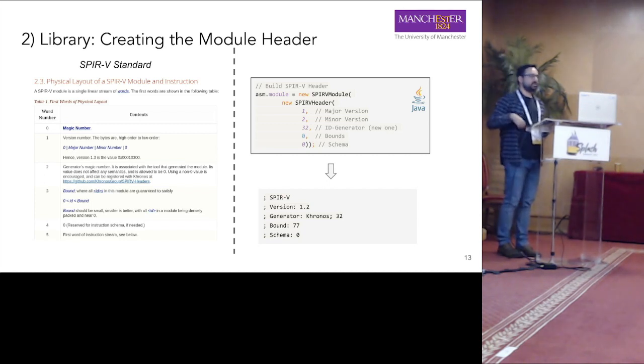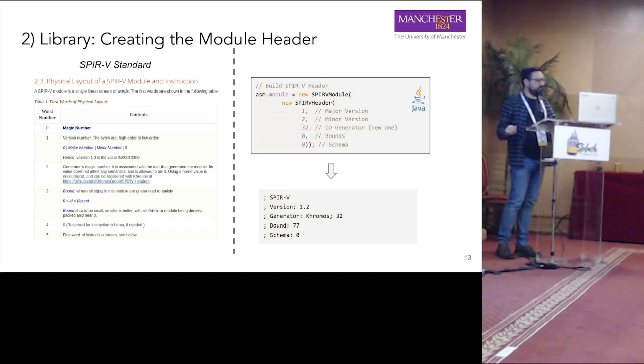So we say, in Java, because we do code generation from Java, okay, it's a Java library. We say SPIR-V module, build the header with the major minor version, the ID bound, and the magic number. And that's on, okay? We continue generating in the library with all these instructions, and when we close the module, it's already stored in binary, right?